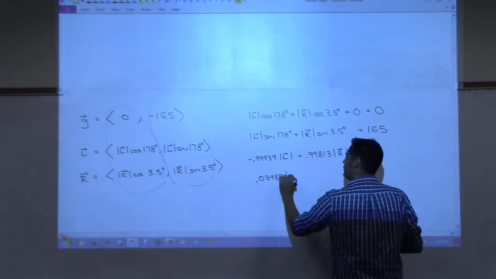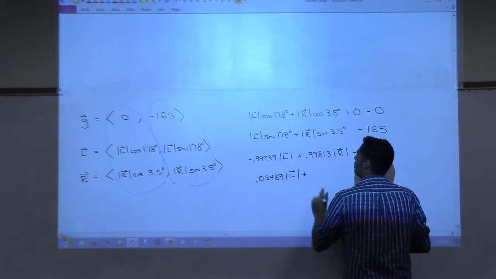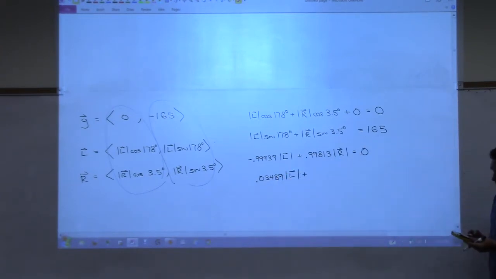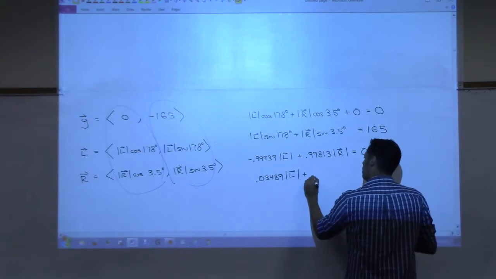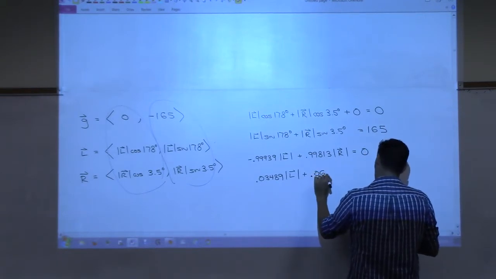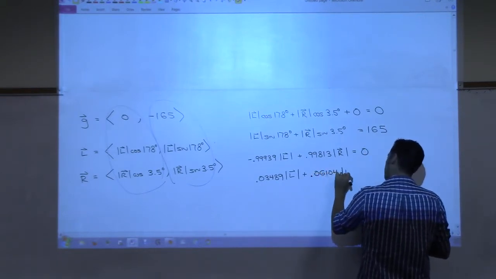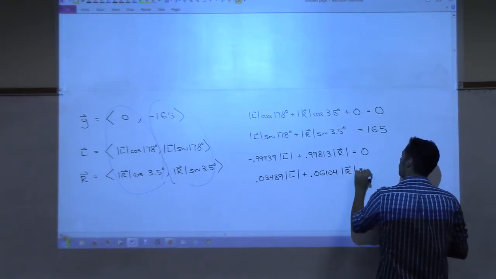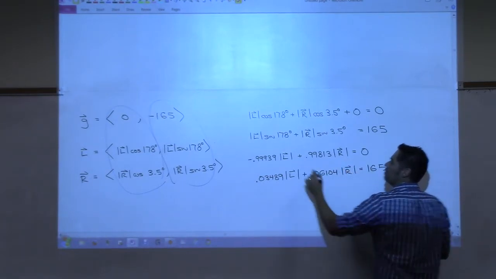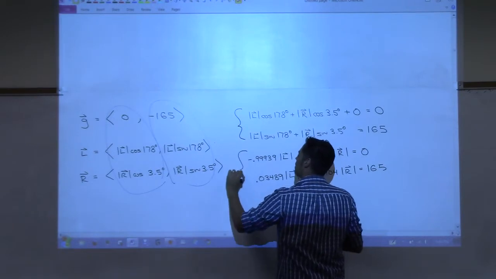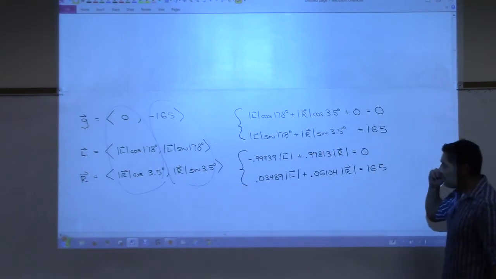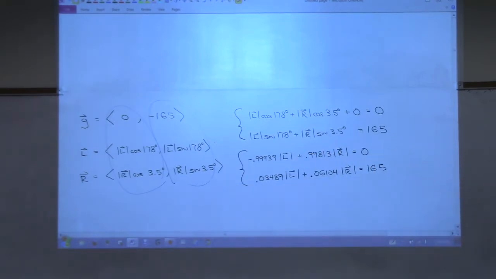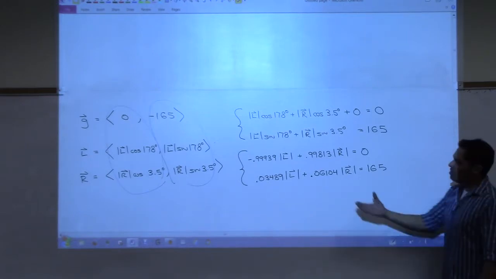Magnitude of L plus, now we're doing sine of 3.5, 0.06104, magnitude of R must equal 165. So this system of equations became this system of equations. Am I going to be able to do elimination like I did last time? No, unfortunately no.